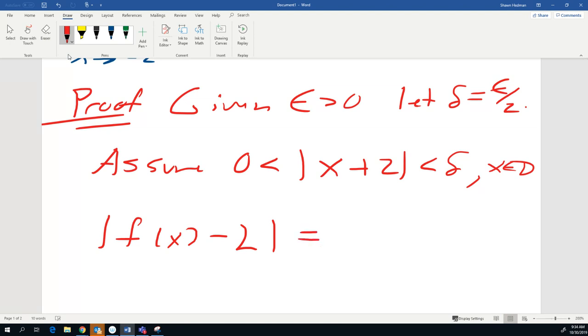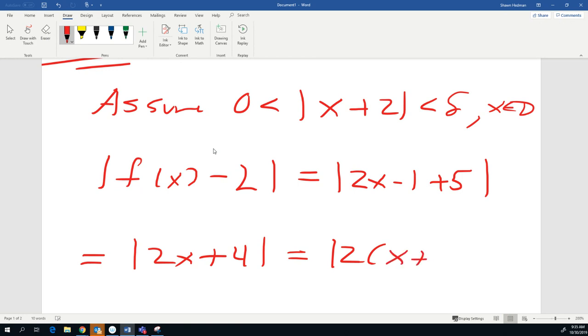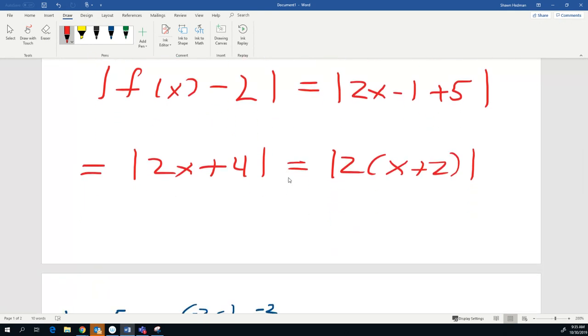Well, for starters, I can substitute and say this is 2x minus 1. L was -5, so minus L is plus 5. And then I can simplify that. That equals the absolute value of 2x plus 4. And now I can factor out the 2, using the distributive property, and then I can use the fact that 2 is positive to get that outside of the absolute value.